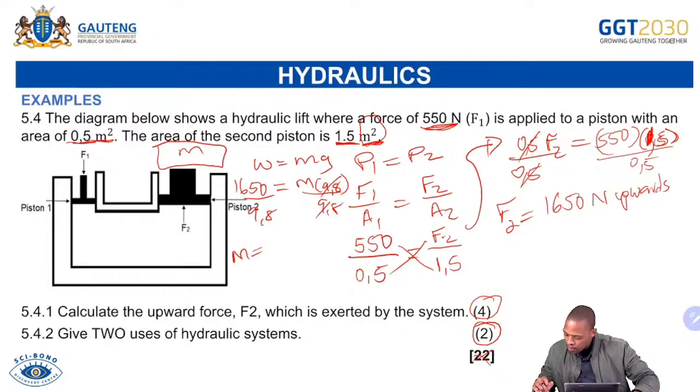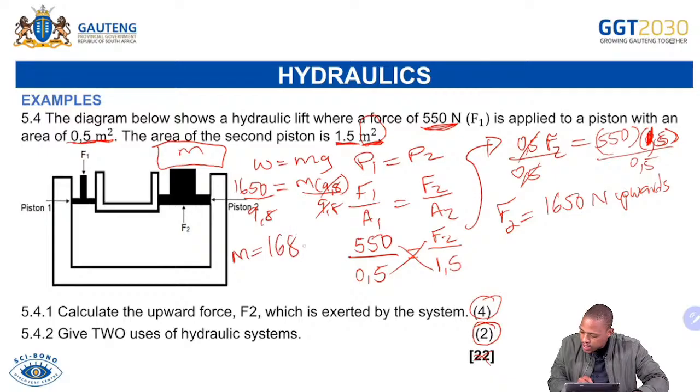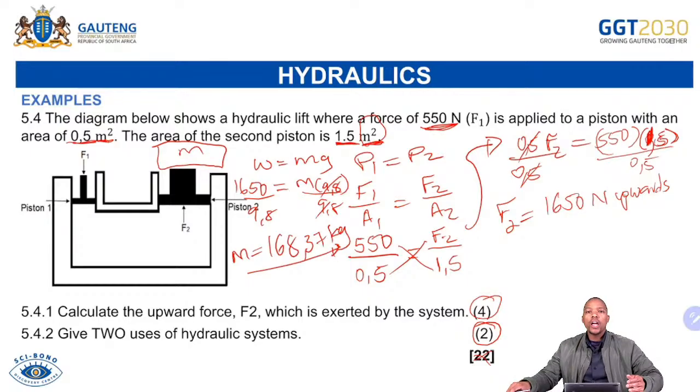It means the mass that we can push with a force of 550 on this machine is 168.37 kilograms, if they were asking for mass. I hope I'm helping someone who was having a challenge with this calculation of mass. This is how you work through it. Again, I emphasize, know how to state Pascal's law.